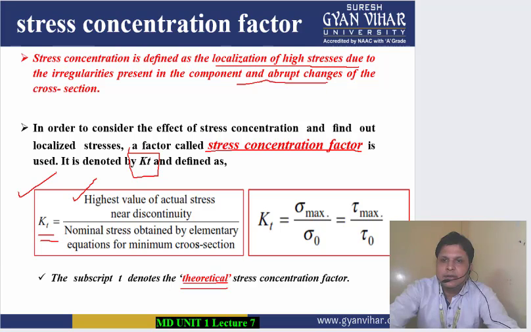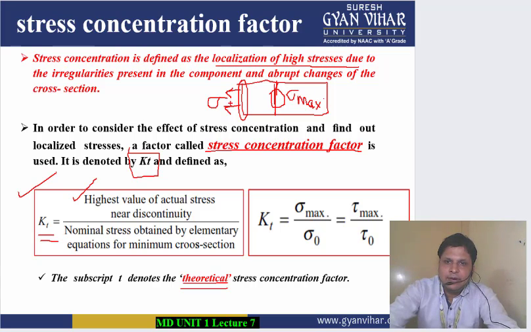If there is a plate which has a hole, then the maximum stress you get near the hole, divided by the normal stress you get at any other portion, is the stress concentration factor.